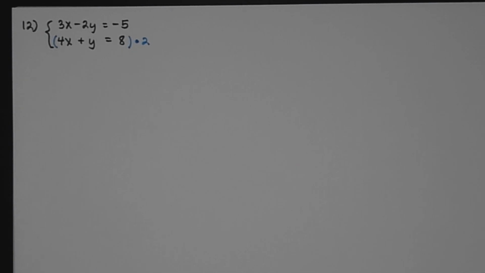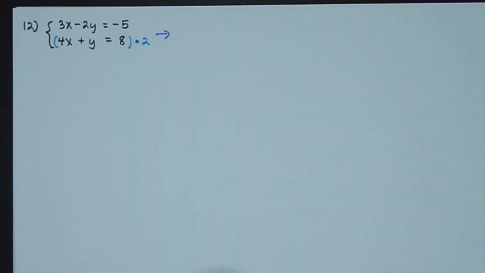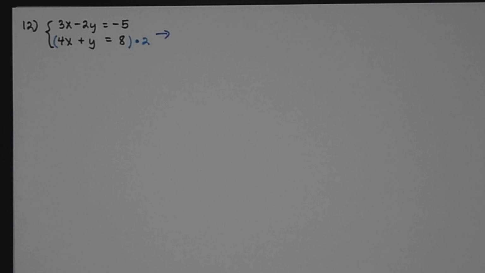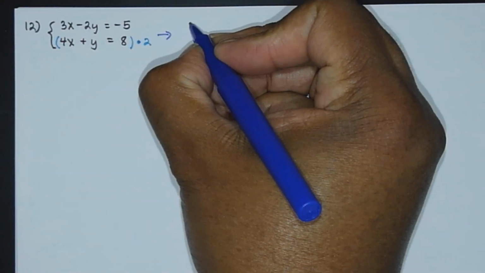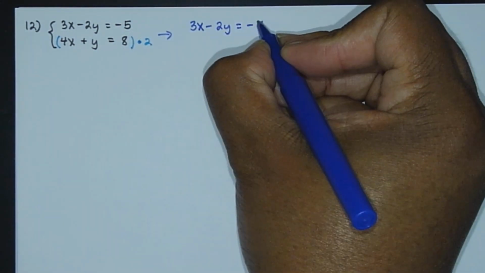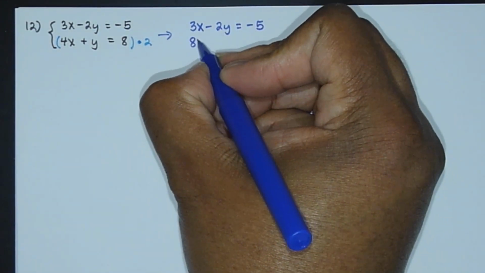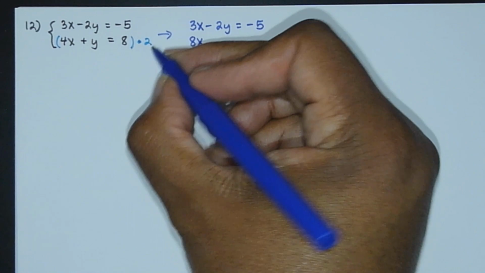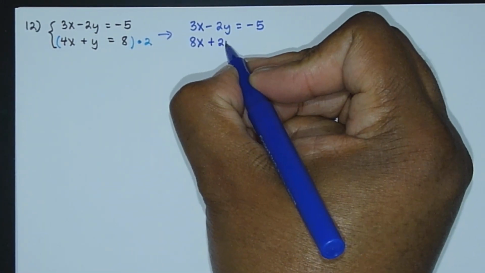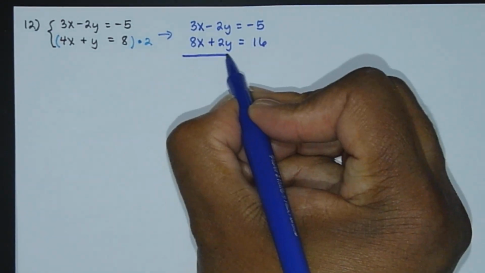And when I do that, I'm going to bring over the 3x minus 2y is equal to negative 5. Then I do 4x times 2, which is 8x, and then y times the 2 will be plus 2y, equaling times 2, which is 16.